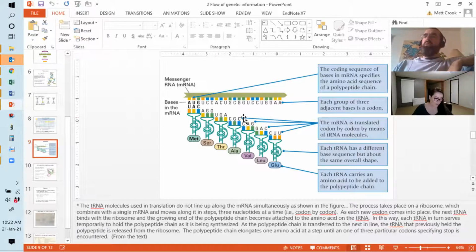And so this is what I was talking about earlier. Every 3 bases of the transcript are words, they're codons. And so each of these codons, these 3-letter words, this is AUG, which is the start codon, codes for methionine.